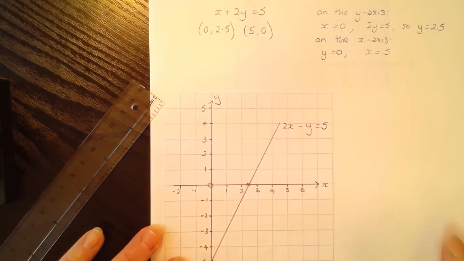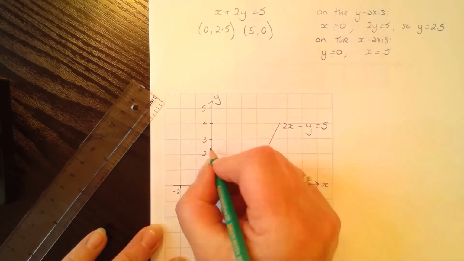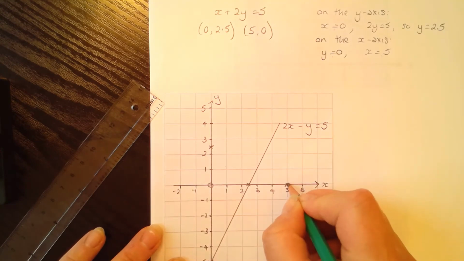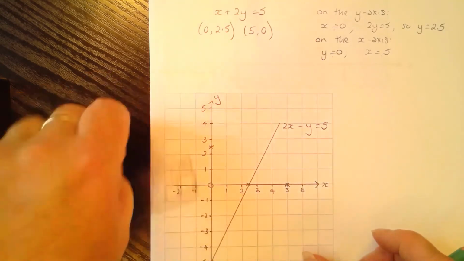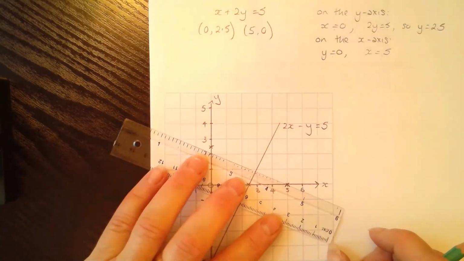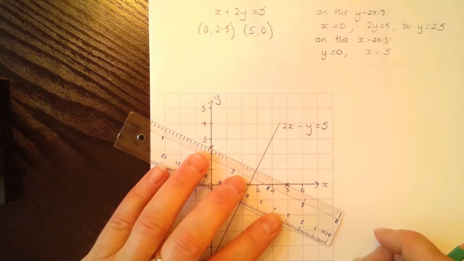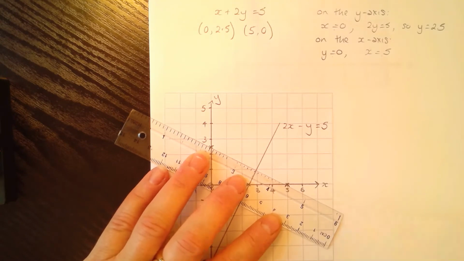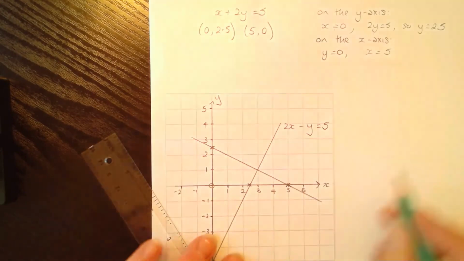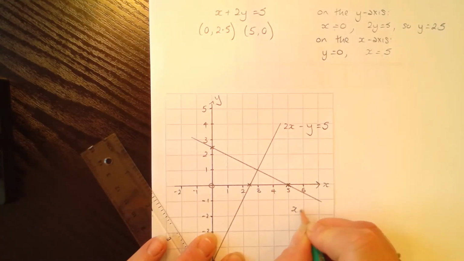So 0, 2.5 is there, and 5, 0 is there. Then my ruler, joining them up. There we go. So this one is the line x plus 2y equals 5.